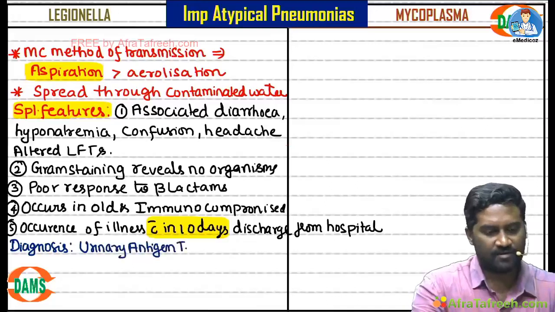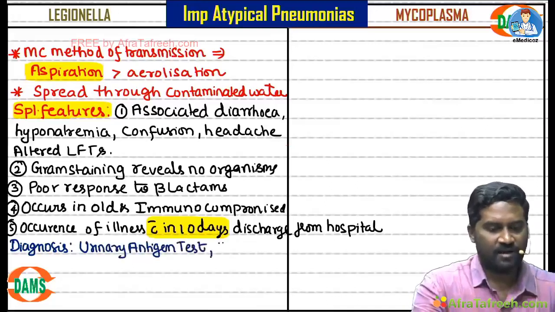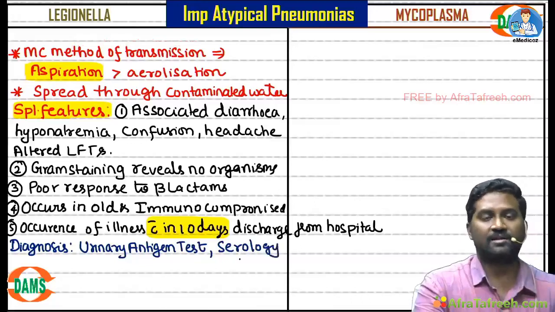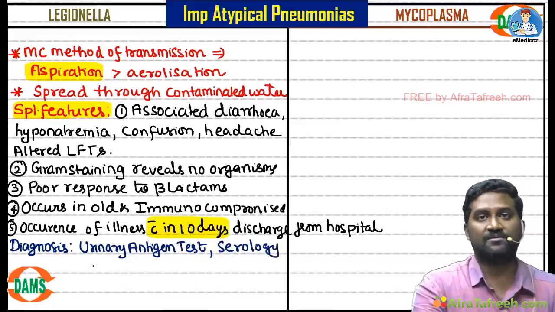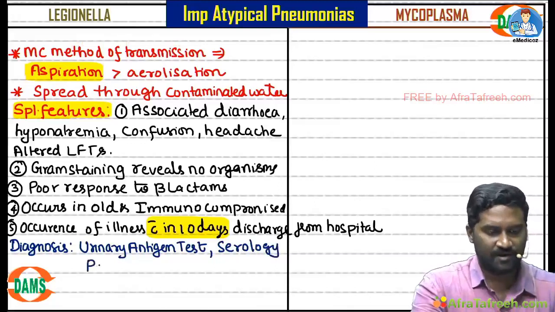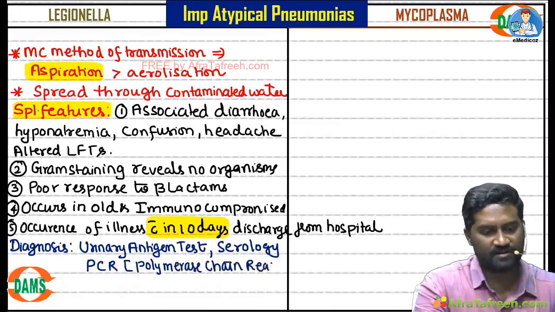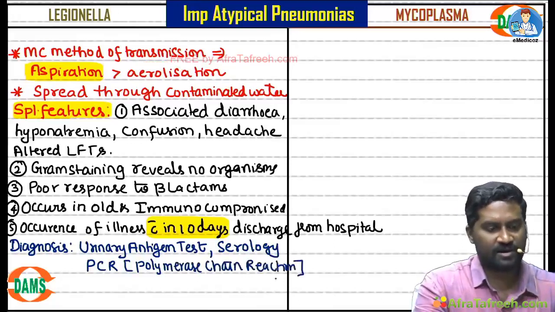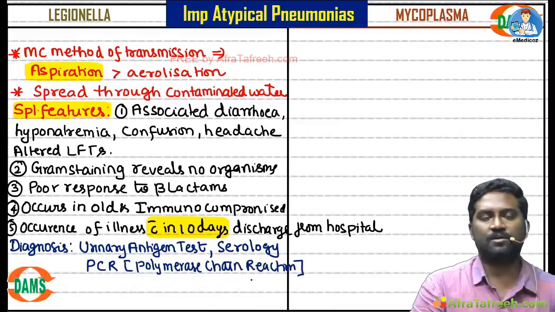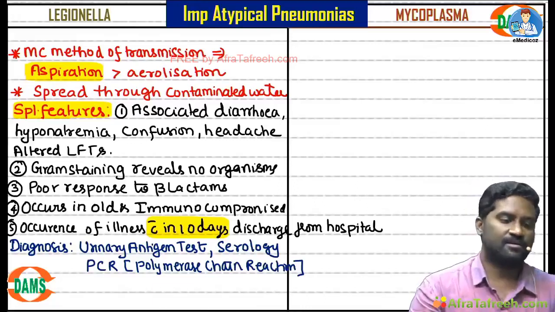Other methods are serology, where we look for antibodies against Legionella antigen, and, if available, PCR. PCR is polymerase chain reaction, where we identify the specific genetic material. The urinary antigen test is commonly employed.